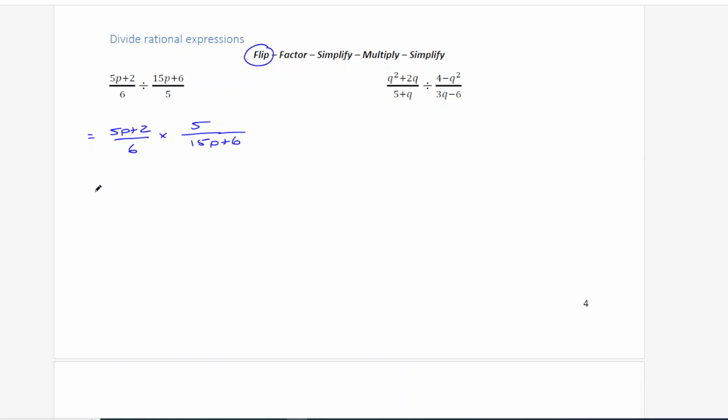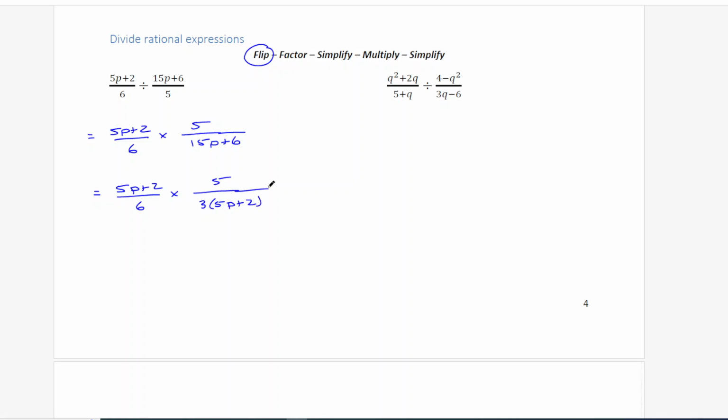So step number 1, I guess now step number 2, is to factor. No greatest common factor. That guy's done. This one's done. The only thing I can do is greatest common factor my denominator. So I've got 5p plus 2 over 6 times 5 over, I can greatest common factor out a 3 to be left with, oh yay, 5p plus 2.